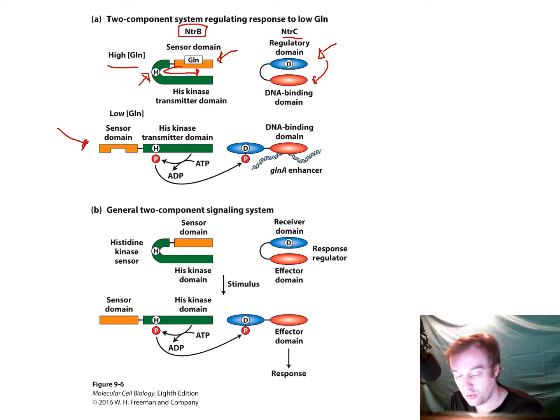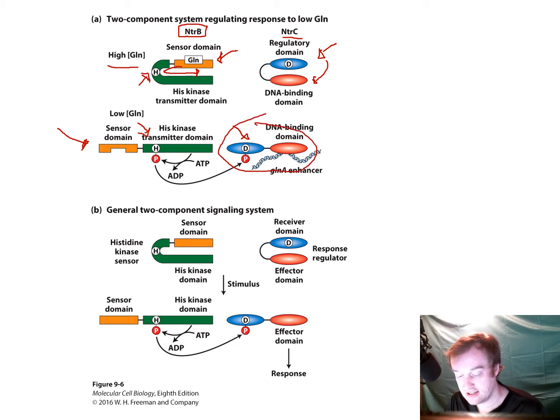Once that happens, the phosphate is transferred to this aspartic acid, or D, in the regulatory domain of the NTRC. And that converts the NTRC into this active form that we see over here.